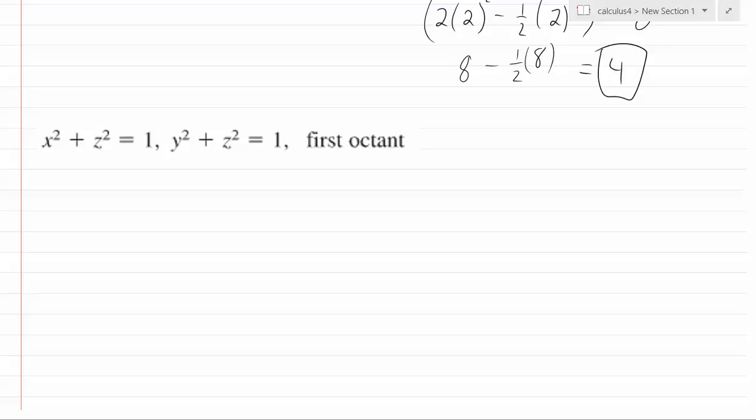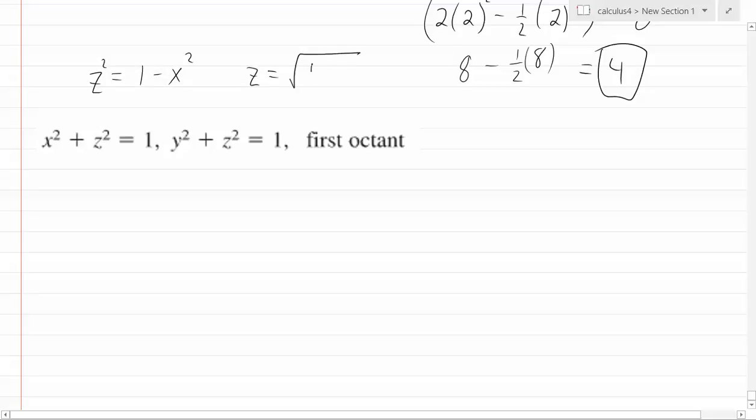Can we solve for z easily? If we did solve for z, we'd have z squared equals 1 minus x squared, so z equals the square root of 1 minus x squared, and that is plus or minus.